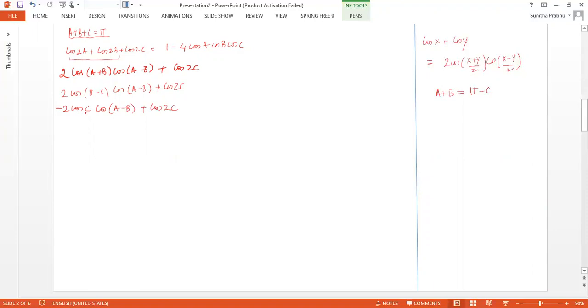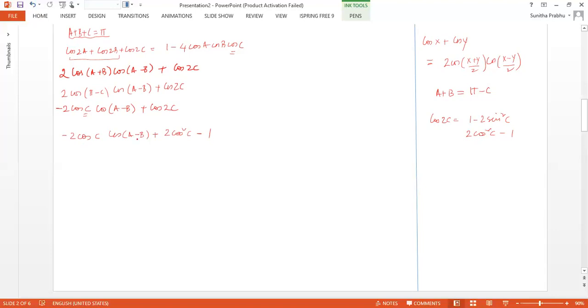Because I see cos c out here, that means this cos 2c I have to write as something else. I have two forms. I can write it as 1 minus 2 sine square c, or as 2 cos square c minus 1. Which is the preferred one? 2 cos square c minus 1. Okay, cos a minus b I'll keep as it is, plus 2 cos square c minus 1. You can take 2 cos c common.